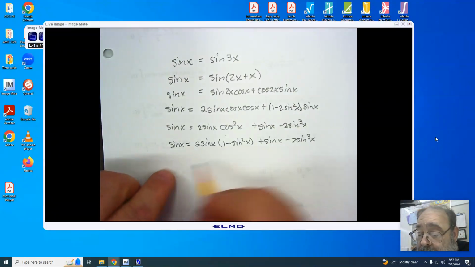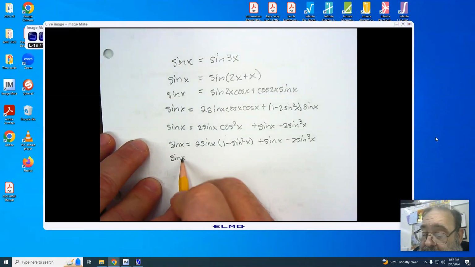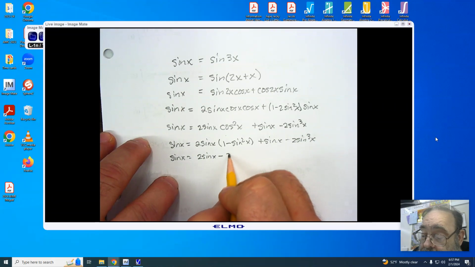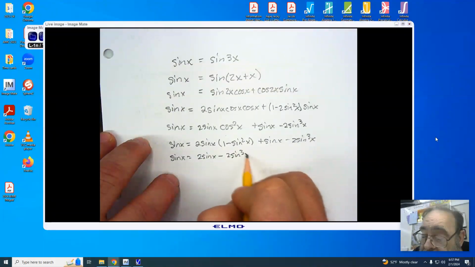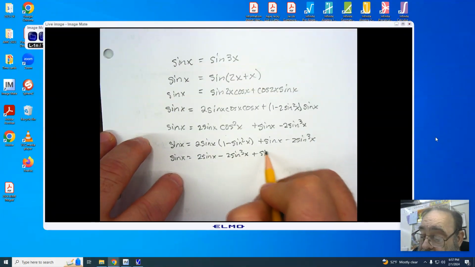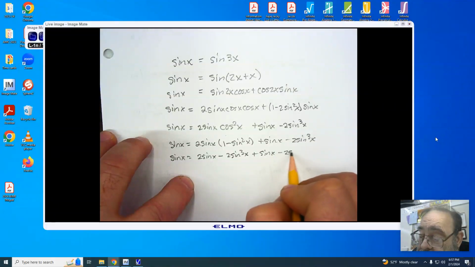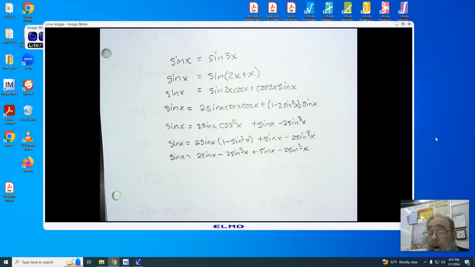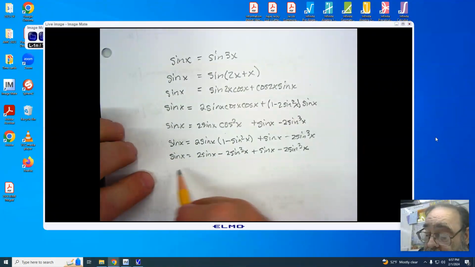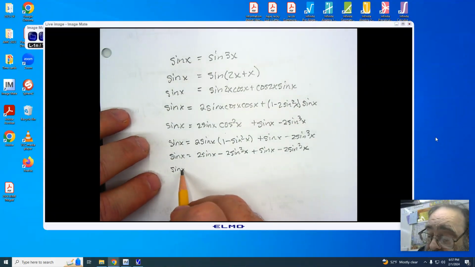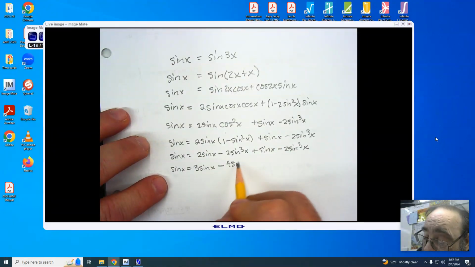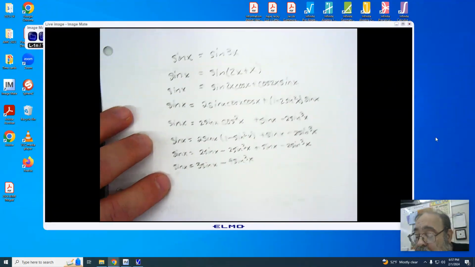I'm now going to distribute. Sine of x equals 2 sine of x minus 2 sine cubed x plus sine of x minus 2 sine cubed x. Alrighty, adding like terms. Sine of x is equal to 3 sine of x minus 4 sine cubed of x.